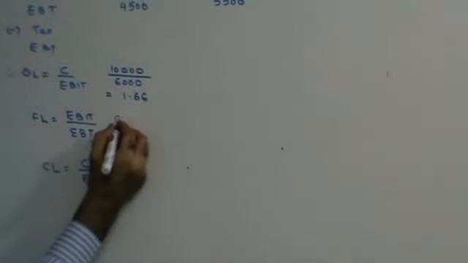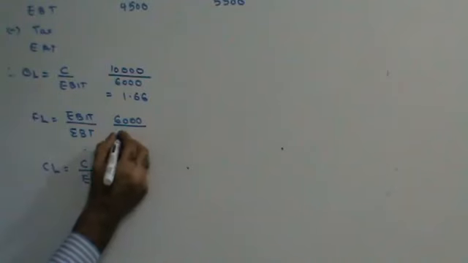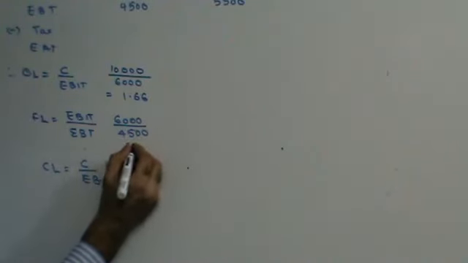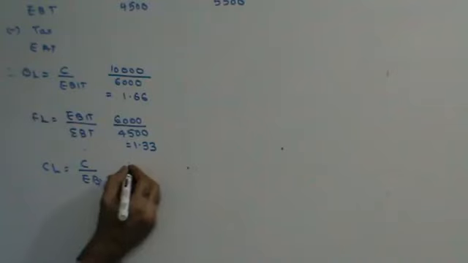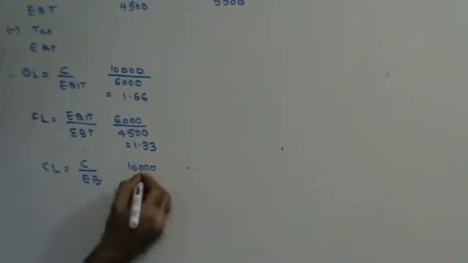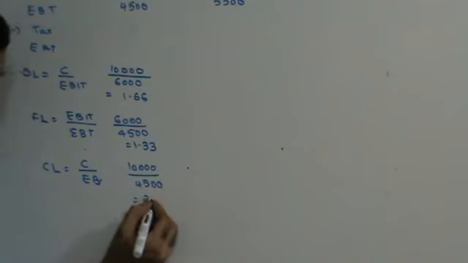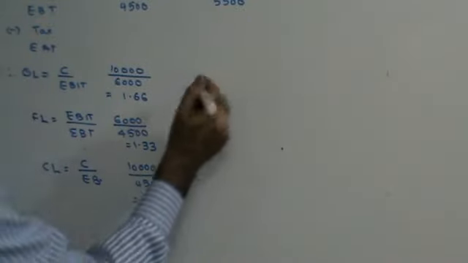Financial leverage is EBIT divided by EBT: 6,000 divided by 4,500 is 1.33. Combined leverage is contribution, that is 10,000 divided by 4,500, which is 2.22.